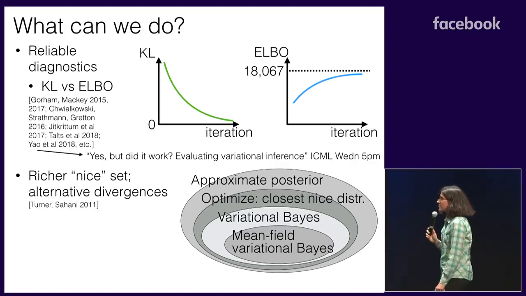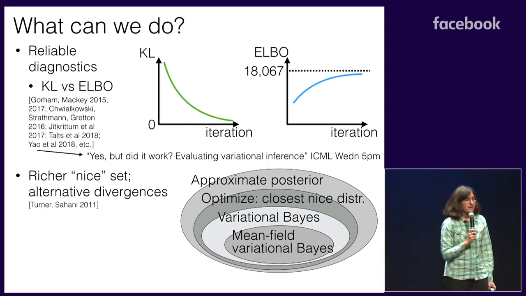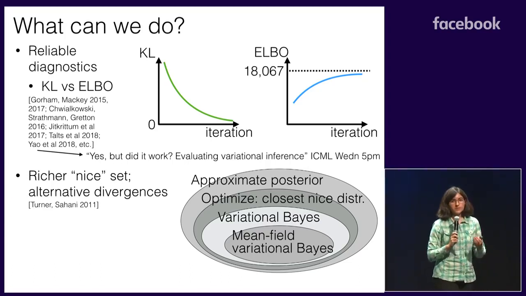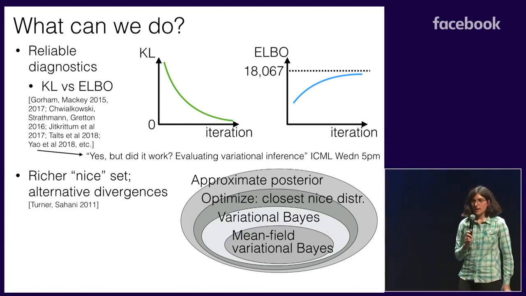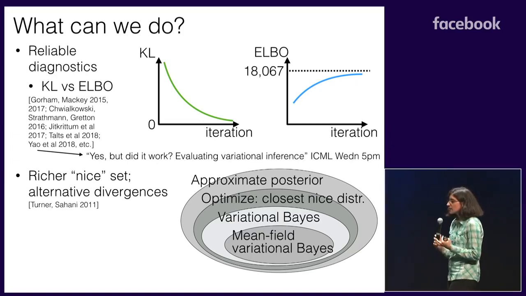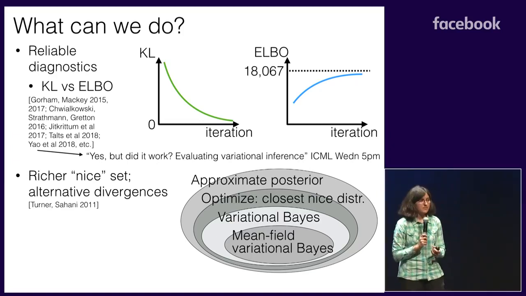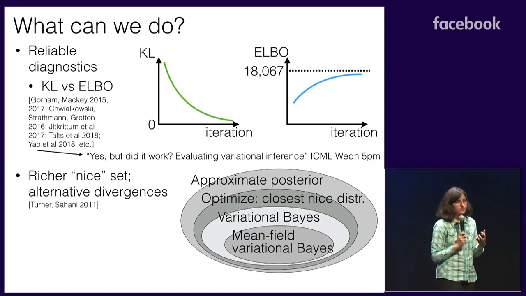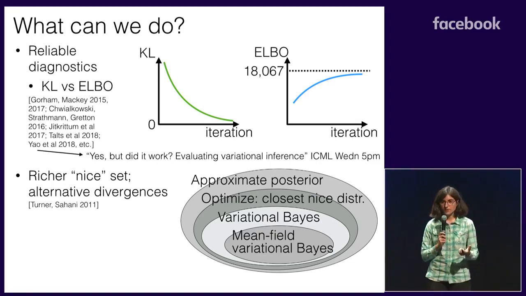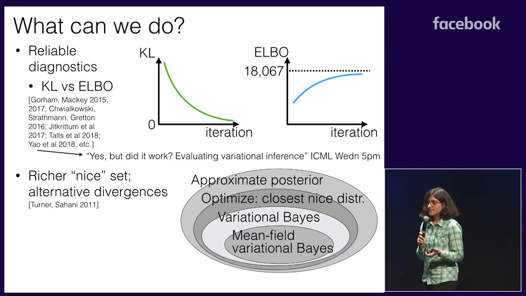An interesting observation in Turner and Sahani's 2011 paper is that, in fact, a richer nice set doesn't always do better on means and covariances. Beyond that, you can get such rich nice sets that they cover everything, but in practice that can introduce more headaches, like longer computing time. A nice thing about mean field variational Bayes is that it's very fast.